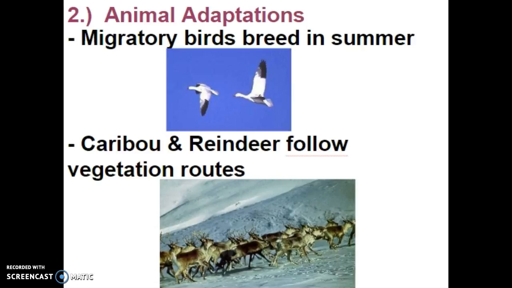Migratory birds will breed in the tundra in the very short season of the summertime. Grazing animals like caribou and reindeer will follow vegetation. So as the season warms up and cools down, they will follow wherever the most grass is.